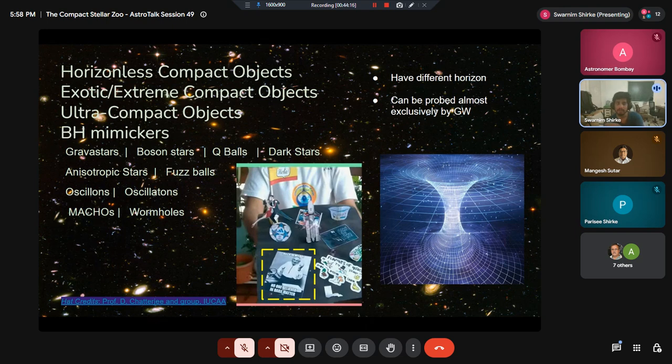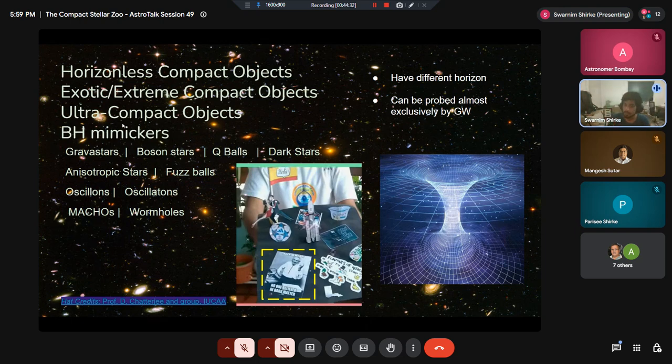There are ultra compact objects, also called black hole mimickers. There's a long list of stars like gravastars. It's basically like a black hole, but you have some energy inside it, like dark energy, which pushes the matter, and all the matter is confined to a shell.